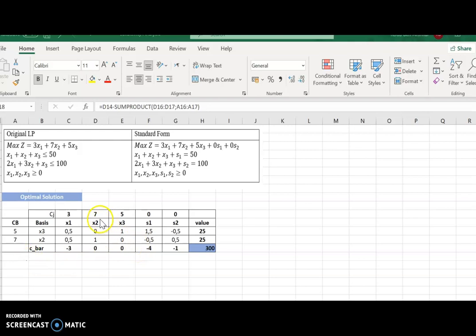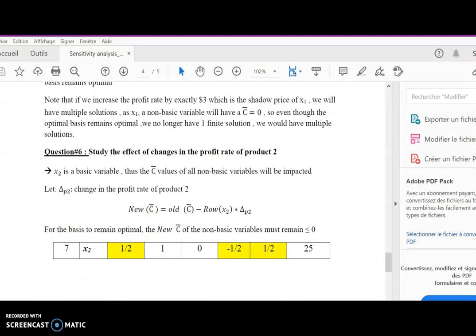So if there is a change to the coefficient of x2 in the objective function, the c-bar values of x1, s1, and s2 will change. And we need to check if these changes will make this basis non-optimal. So this is the formula we use to calculate the new c-bar value.